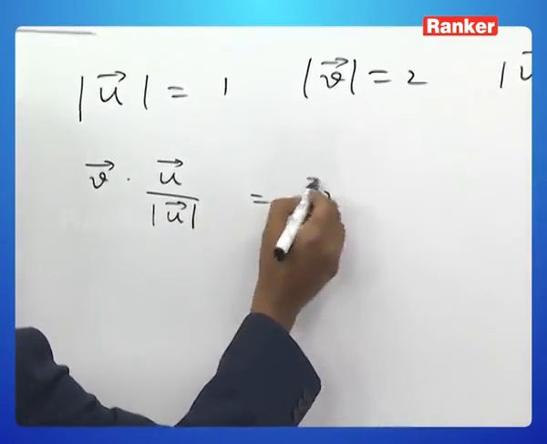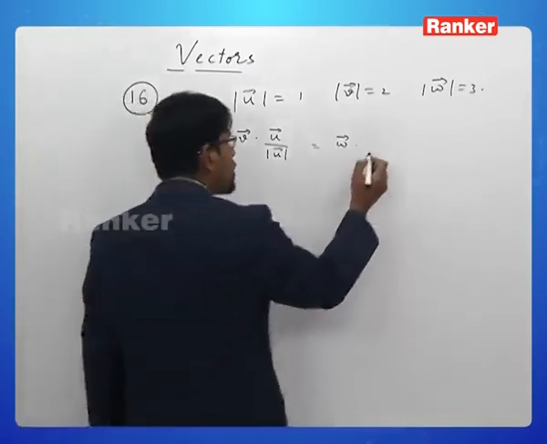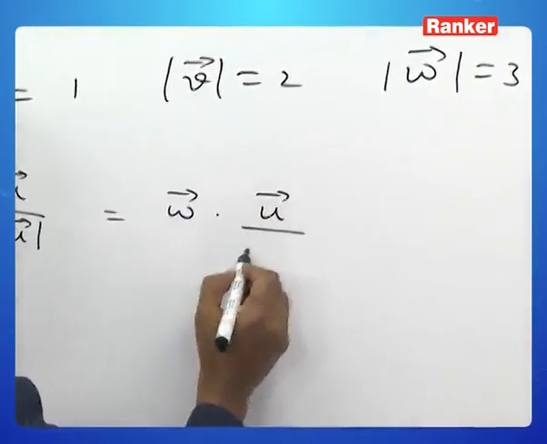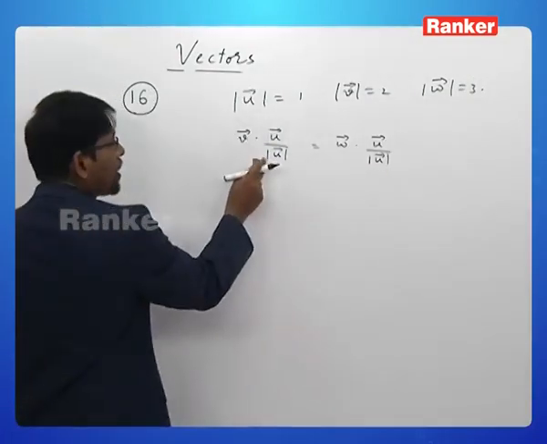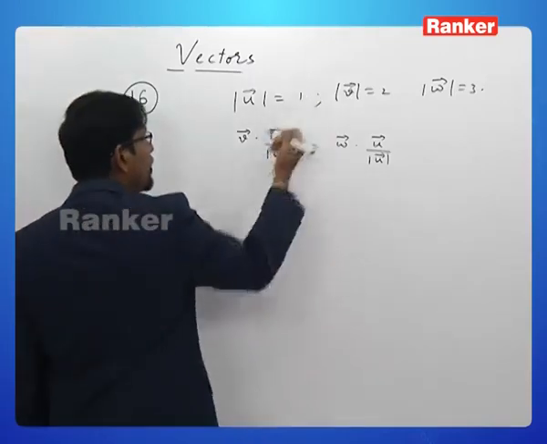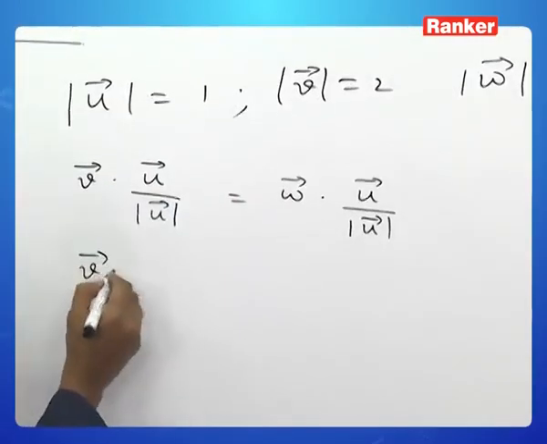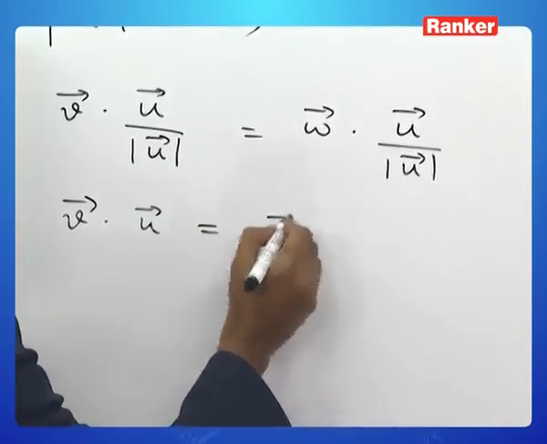That is the same as the projection of w bar along u bar, so w bar dot u bar divided by the magnitude of u bar. But the magnitude of u bar is 1, u bar being a unit vector here. So we have v dot u to be the same as w dot u.